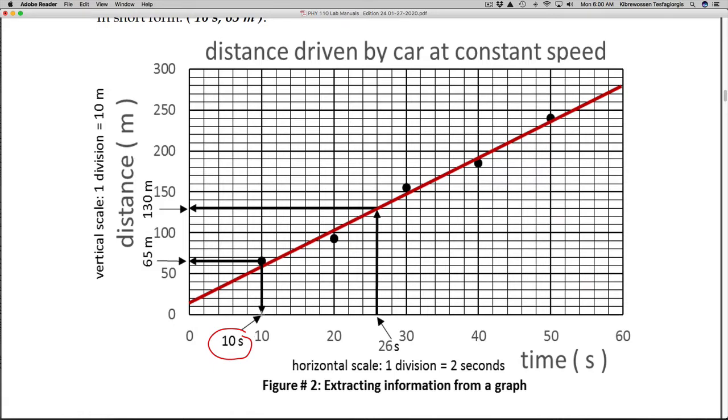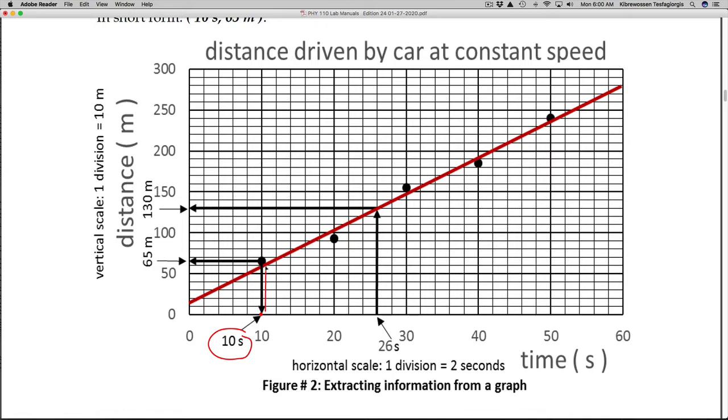The first thing that you need to do is locate where a value of 10 on your x-axis is, and then once you locate that value, the next thing is to draw a vertical line towards the graph.